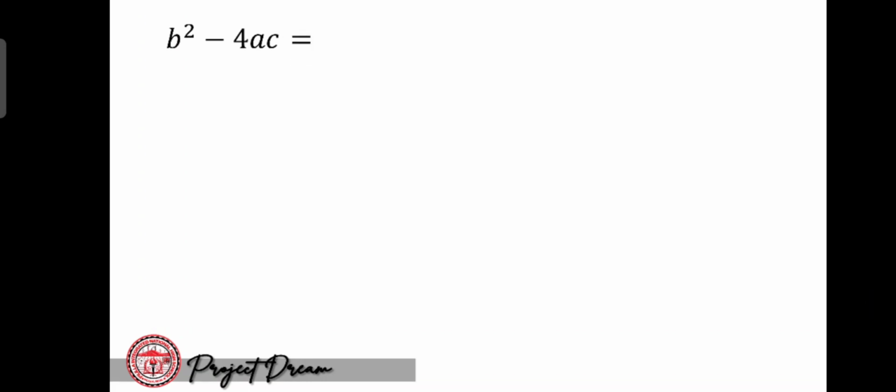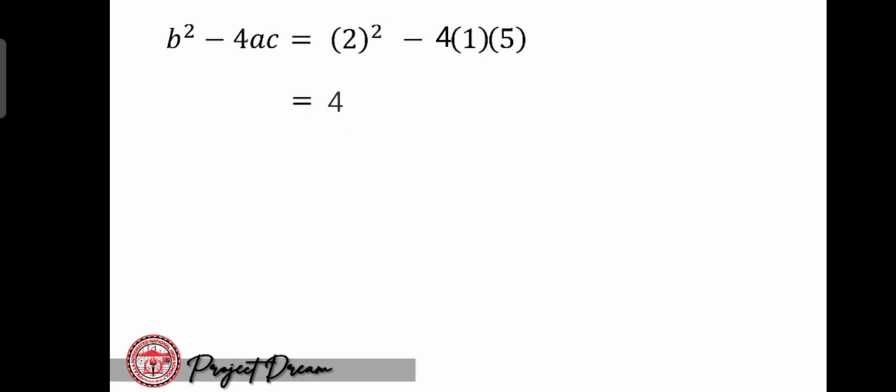So it is equal to, let us substitute the value of b, which is 2. Copy the operation, which is subtraction, and then copy 4, the value of a, which is 1, and then the value of c, which is 5. Now, let us simplify.